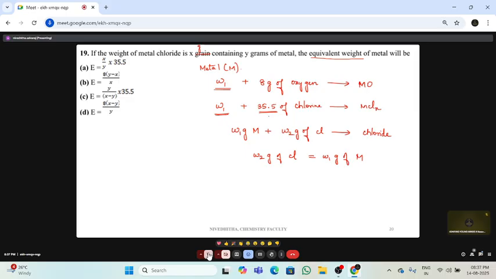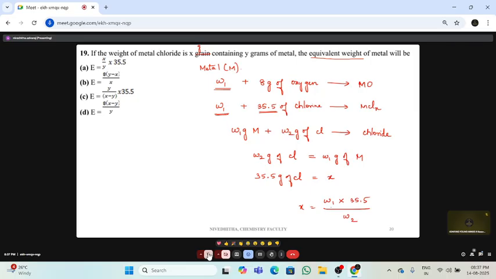So how to do that? Which means 35.5 gram of chlorine requires how many gram? That is X, right? So how to calculate this X? X is equal to W1 into 35.5 divided by W2.